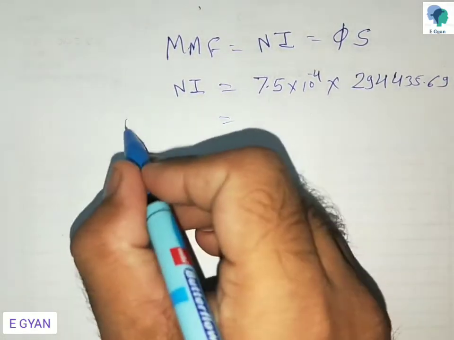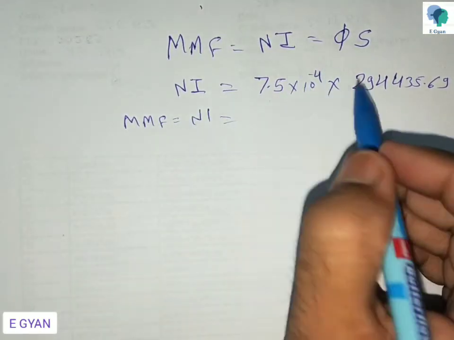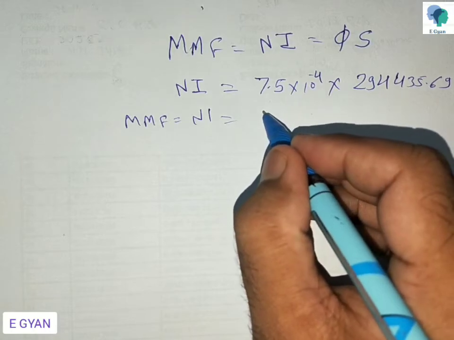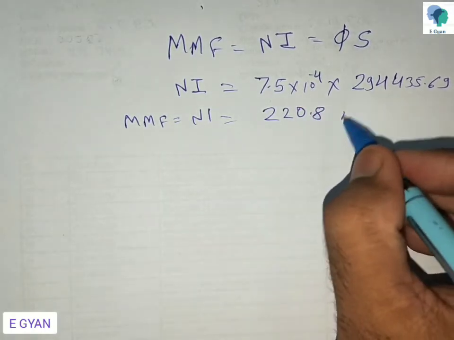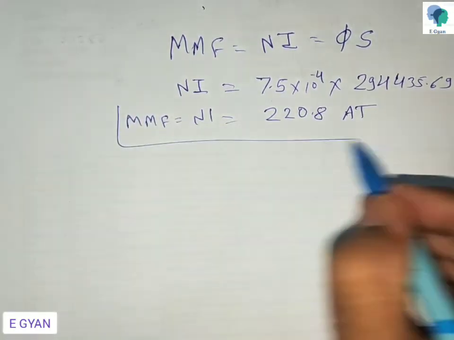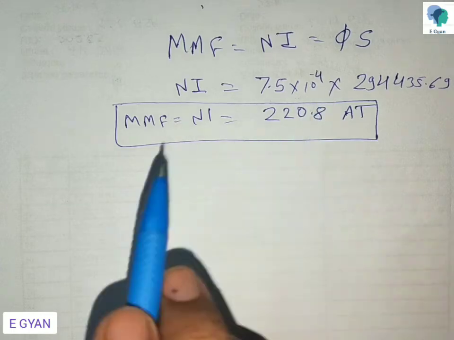Substituting this, by multiplying these two, we will get MMF equal to Ni equal to 220.8 ampere turn. So this is our total MMF required to produce this much flux.